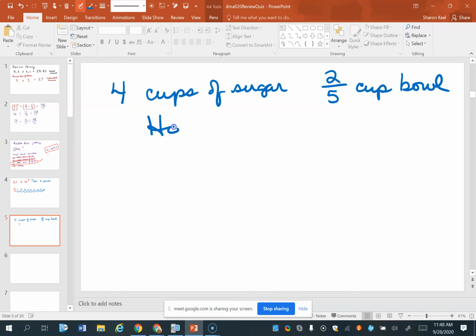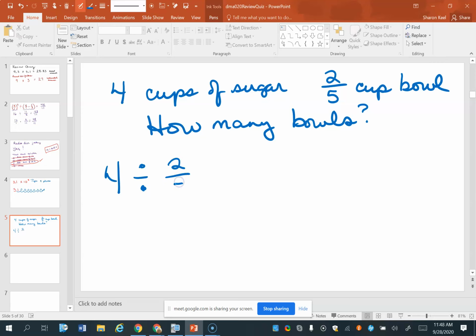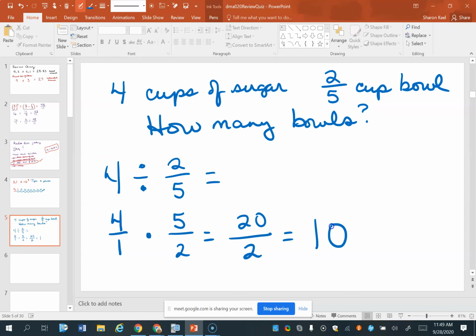We want to know how many bowls we need for those 4 cups, divided by how much each bowl will hold, 2/5. So 4/1 times the reciprocal, which is 5/2. 4 times 5 is 20. 1 times 2 is 2. Simplify, and we would need a total of 10 bowls.